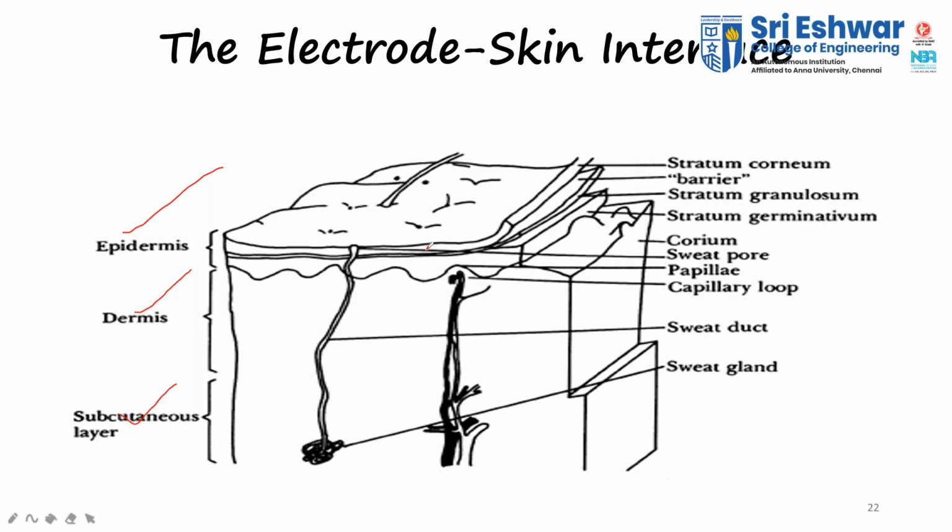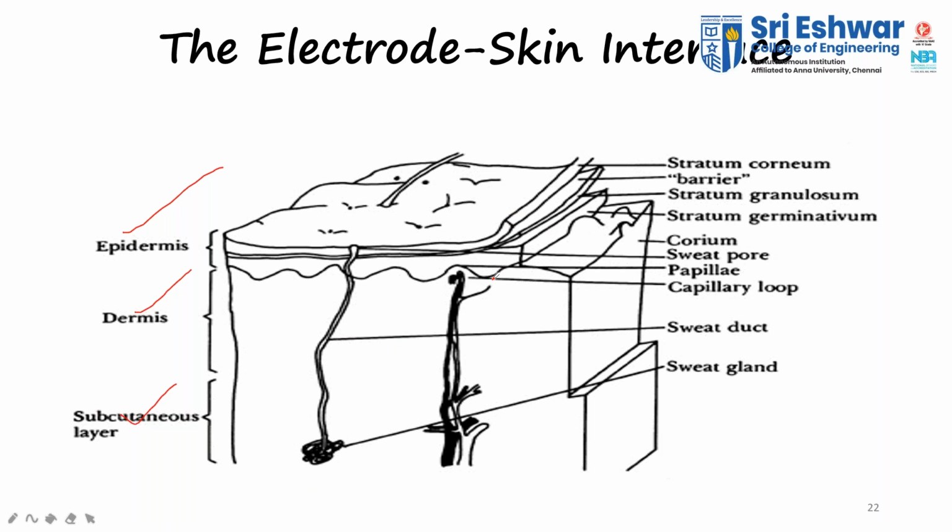Out of this diagram, I'm going to place an electrolyte over the surface of the skin. This is your skin, and we have paste over here. This is called the sweat duct, and this is the sweat gland.